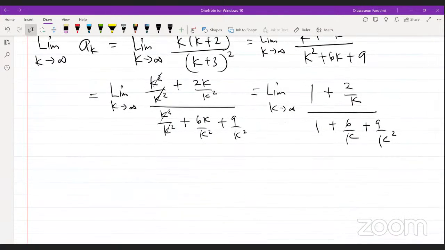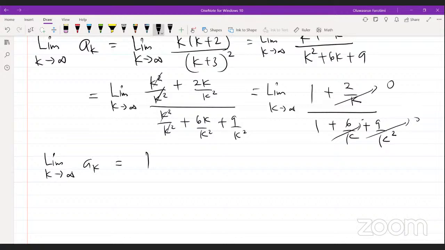This is just me showing you how to do it. I shouldn't be doing this, but it's good. This term goes to 0, and this goes to 0. And the limit as k goes large is only going to be what, guys? 1. Is 1 equal to 0?